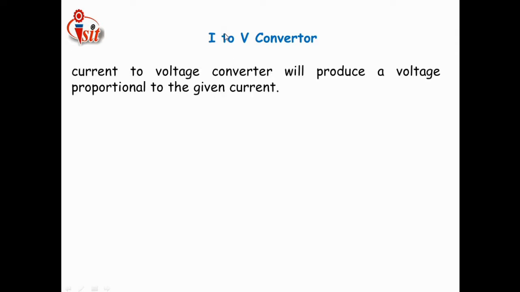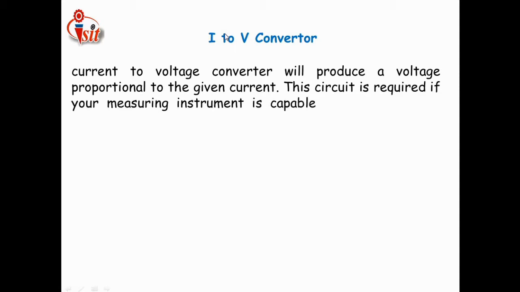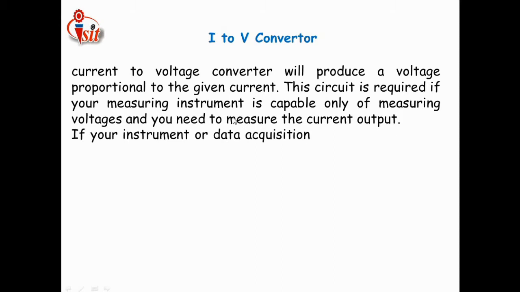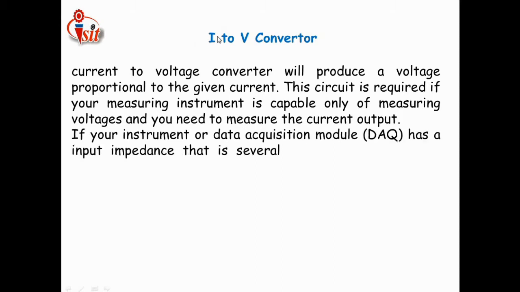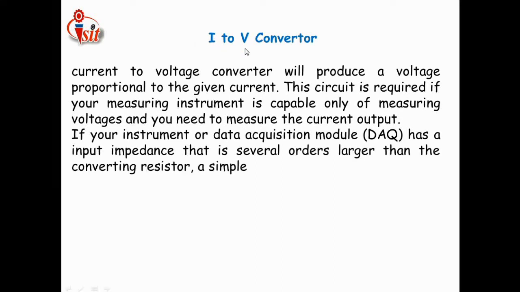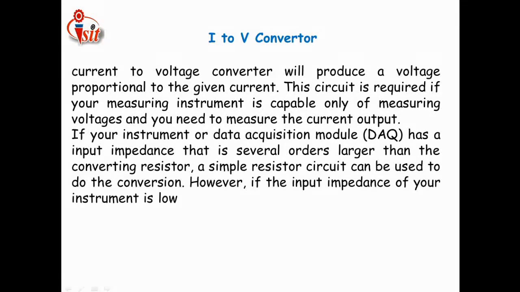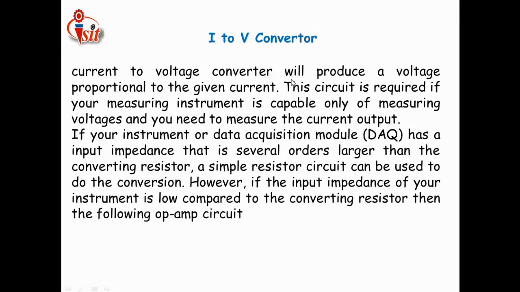In every electronic circuit, or in many applications, we need to convert current into voltage. Why is that necessary? A current to voltage converter produces a voltage proportional to the given current.